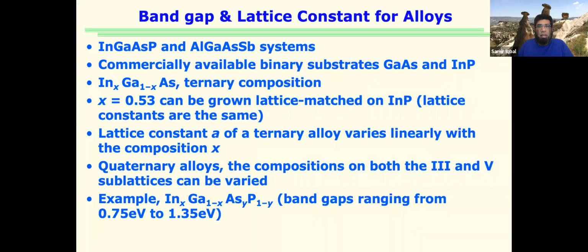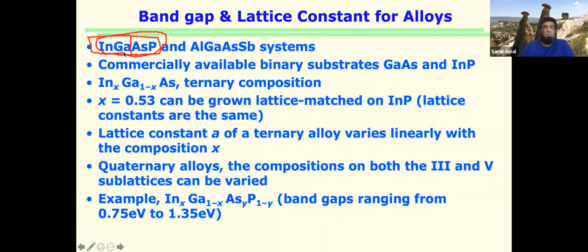So what we have done here, all right, questions? There's too much information, questions? All right, so what we can write is, we can take 2 group 3 and 2 group 5, and that becomes a quaternary semiconductor.